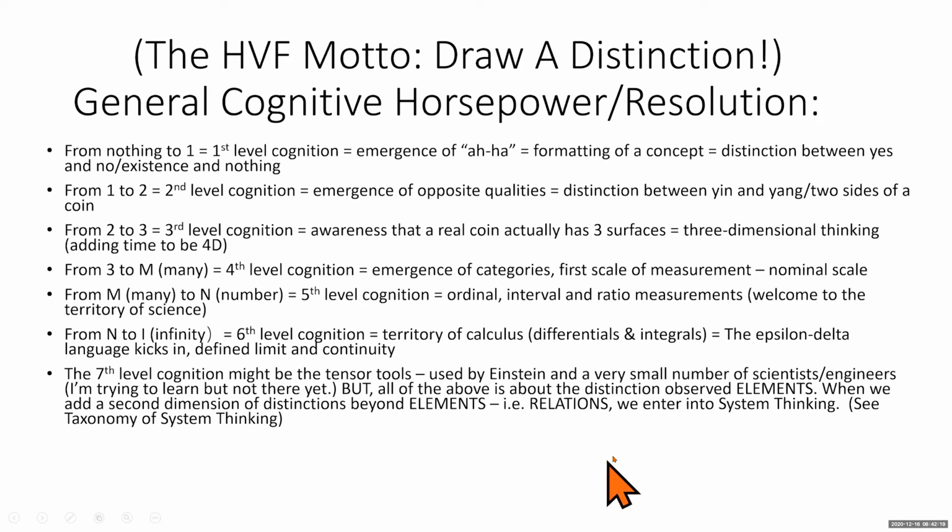From here, I think systems thinking started, because we started paying attention to relations among the elements. I had another piece discussing a taxonomy of systems thinking, because we have so many of them and we really need to arrange them nicely for the students, right?